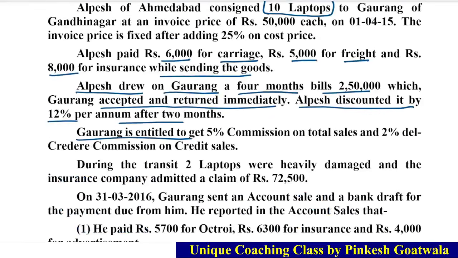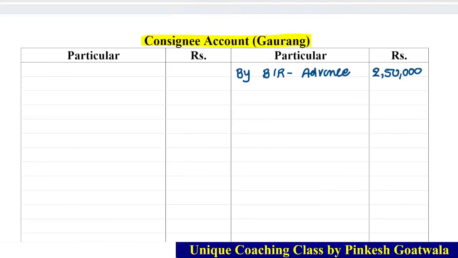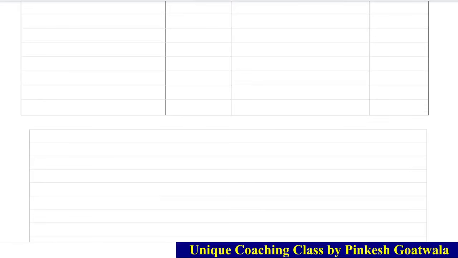Then Gaurang is entitled to get 5% commission on total sale and 2% Del Credere commission on credit sale. So I just explained what this commission is. Remember, there are two types of commission.